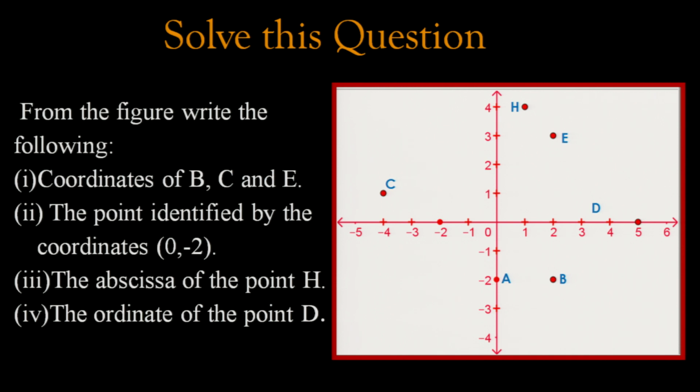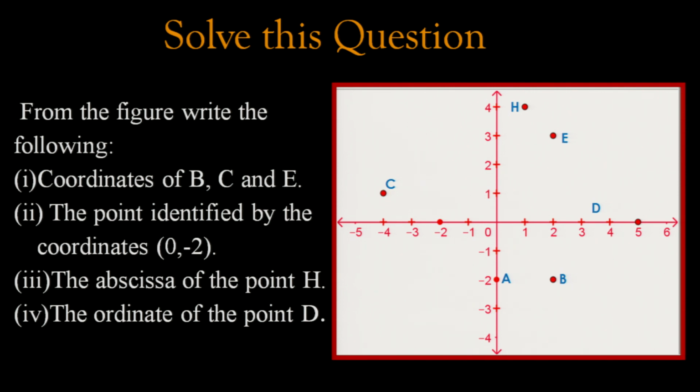Second is the point identified by the coordinates 0, -2. Number 3, the abscissa of the point H. And number 4, the ordinate of the point D.